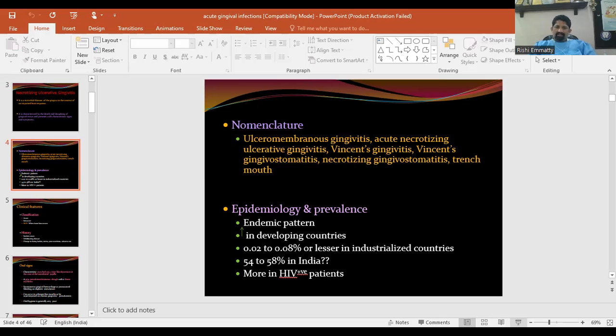NUG is more common in HIV positive patients. An interesting feature is that NUG has a different presentation in HIV positive patients and a different presentation in HIV negative patients.